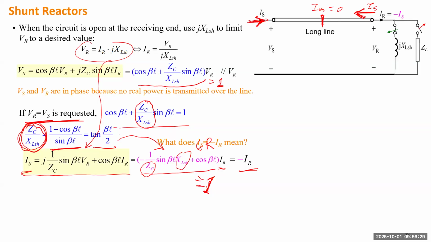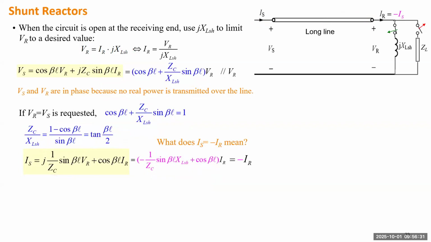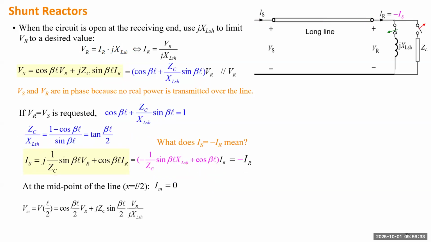So what does this one mean? If you further use this formula, but now instead of considering the full length of the line, you consider half of the line, and you do some simplification.